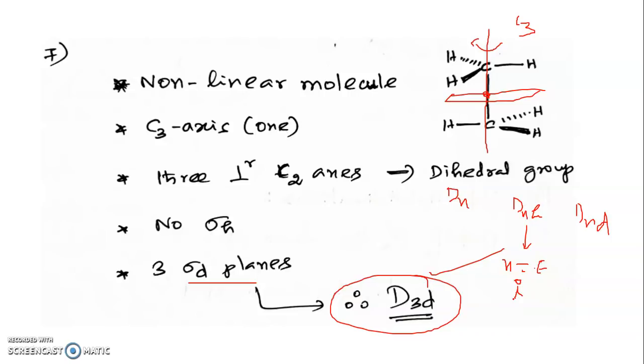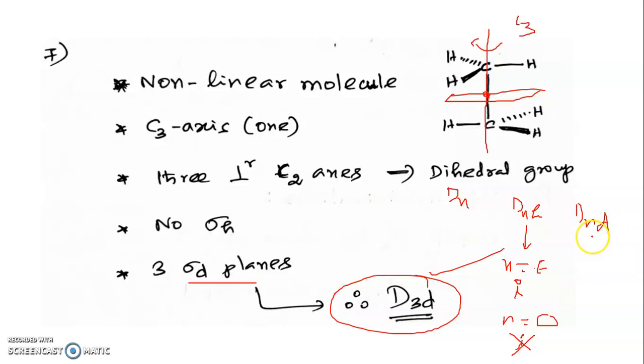If n is even, they must possess a center of symmetry. If n is an odd number, then the center of symmetry will be absent. Center of symmetry does not exist in such Dnh point groups, for example D3h.